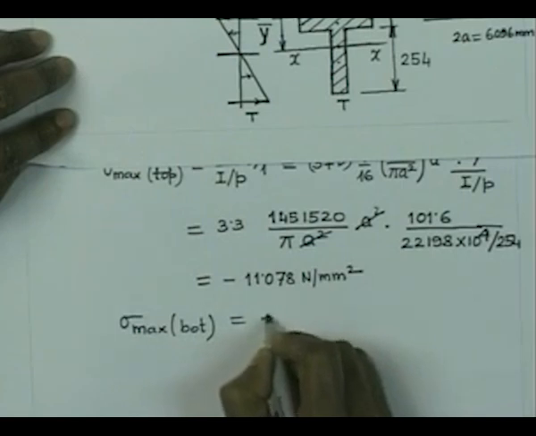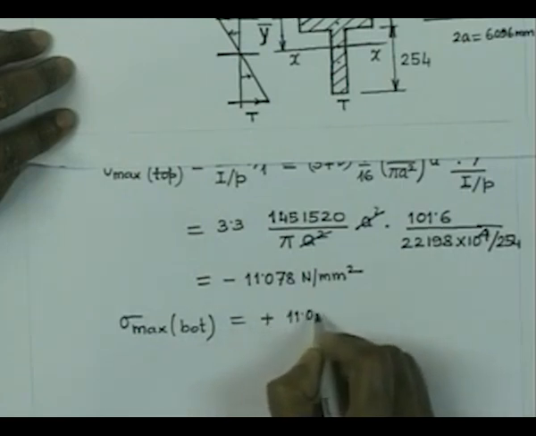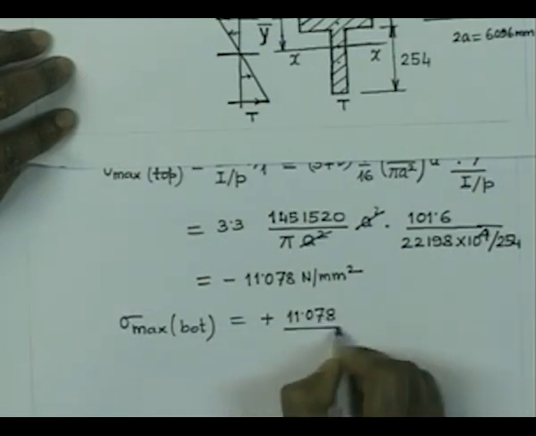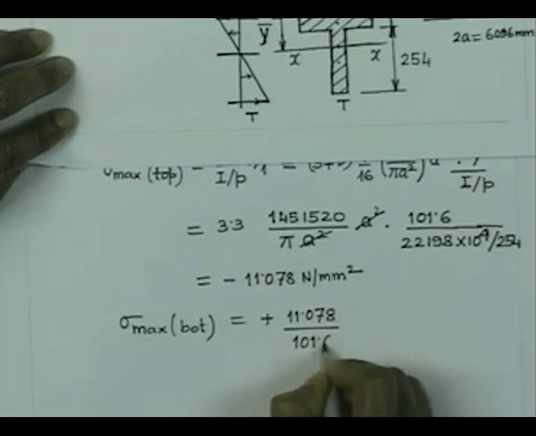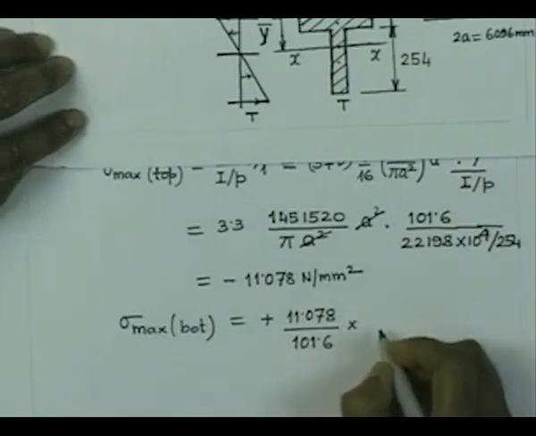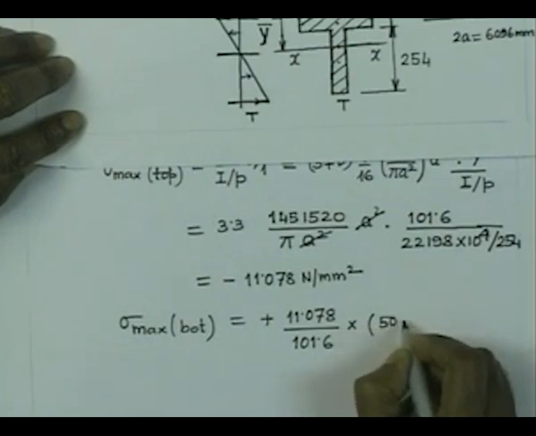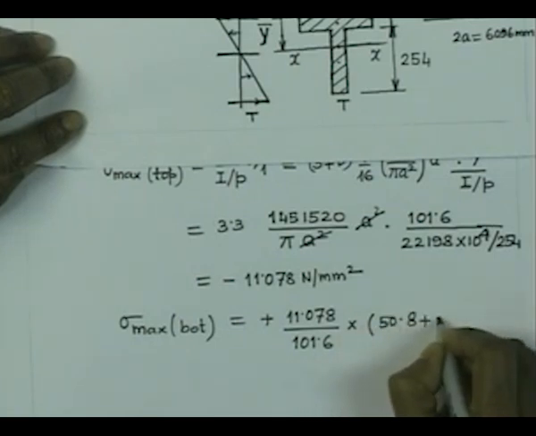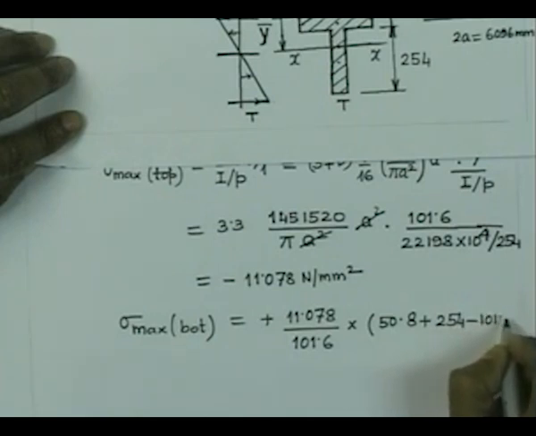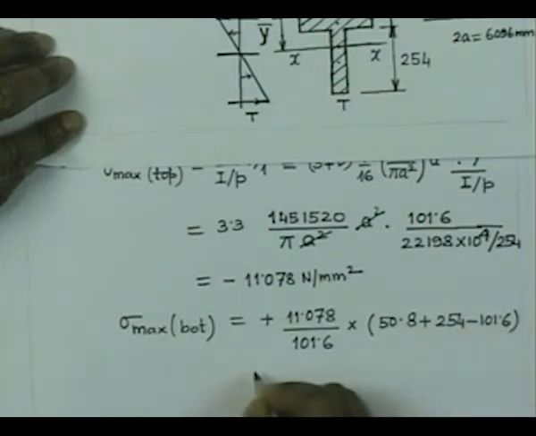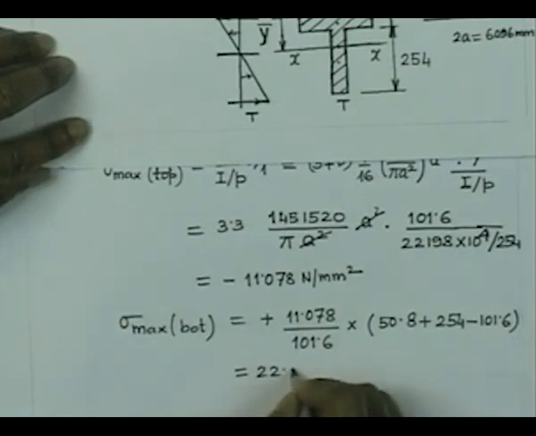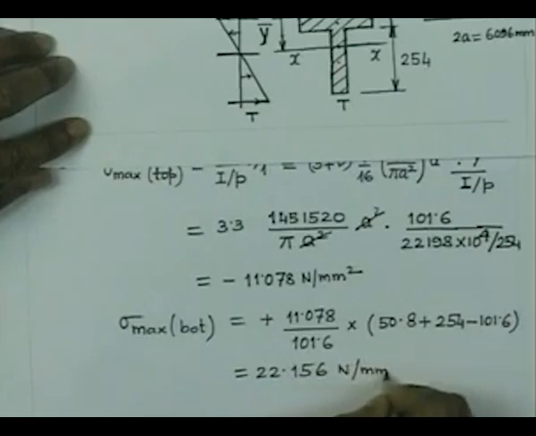This is nothing but 11.078 divided by 101.6 multiplied by 50.8 plus 254 minus 101.6. This gives you a value equal to 22.156 Newton per millimeter square.